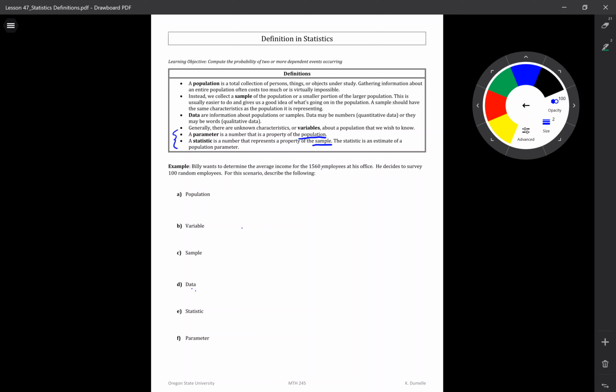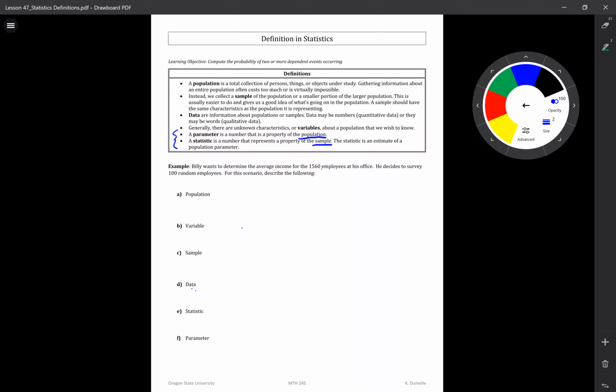So let's go through an example with all of these words in mind. Billy wants to determine the average income for the 1,560 employees at his office. He decides to survey 100 random employees. From this scenario, we want to describe the following words. What is the population? Remember, the population is the entire group of people or things that we are trying to determine something about.